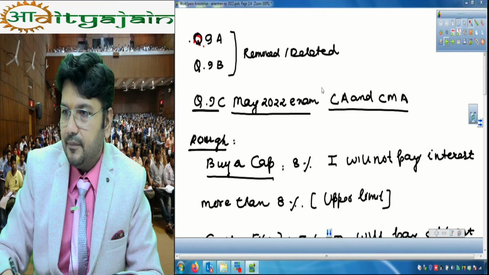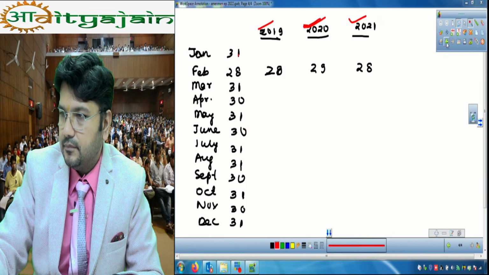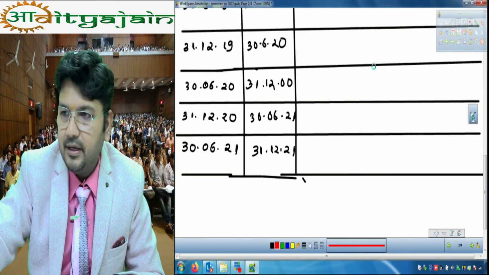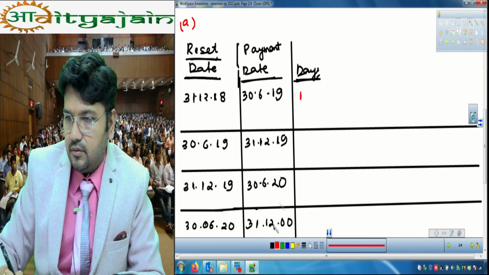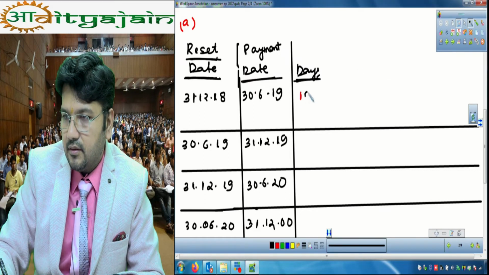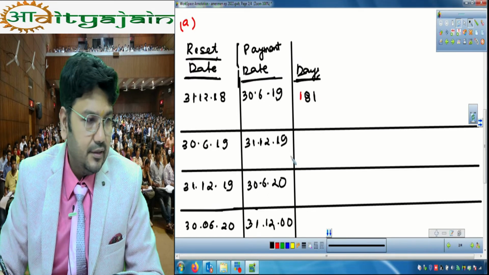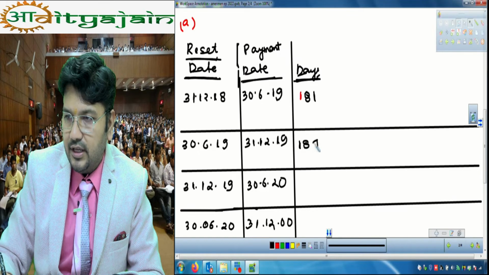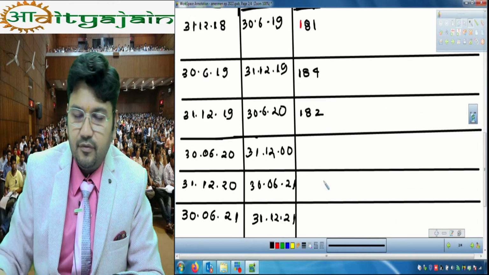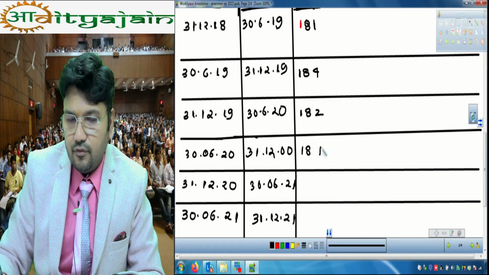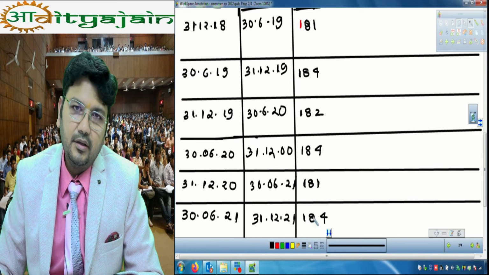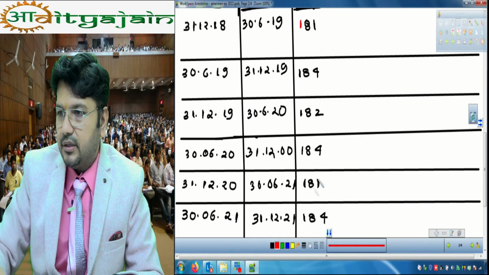So it's coming 181 days. It's coming 184 days, it's coming 182 days. Please check yourself. It's coming 184 days, it's coming 181 days, again it will be coming 184 days, only in leap year it will be 182 days.